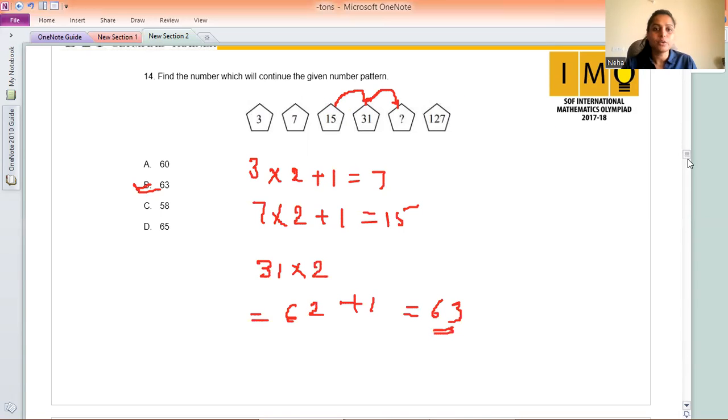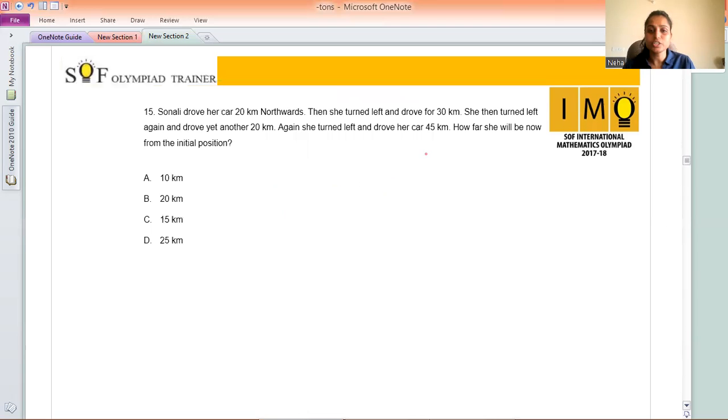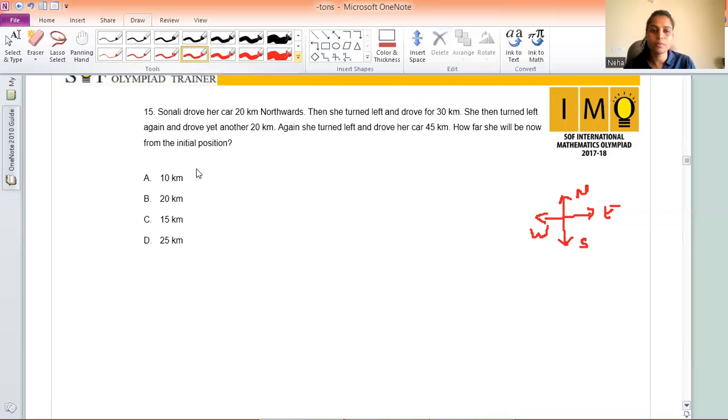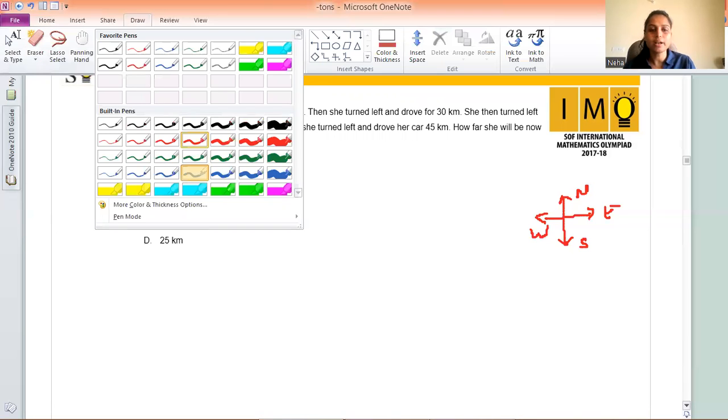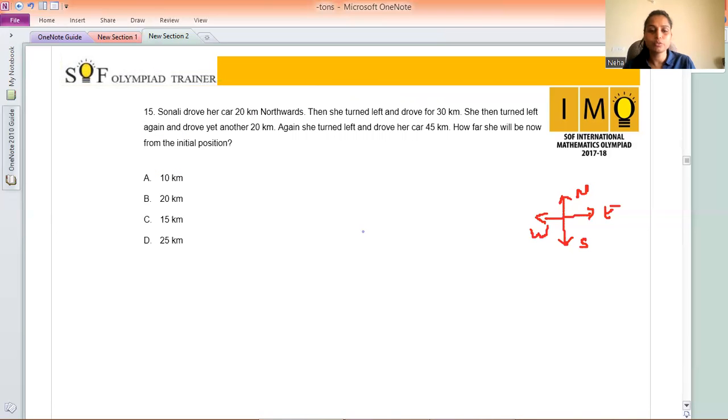The next one, question number 15. Question number 15 is from direction sense test. So let me draw directions for you first, guys. This is east, this is west, this is north, and this is south. Now let me solve this problem for you. Sonali drove her car 20 kilometers northwards.